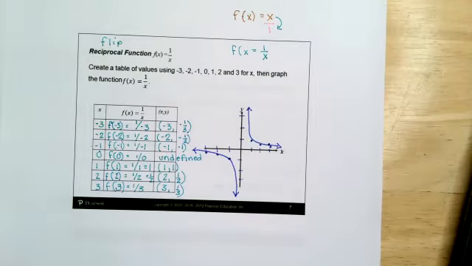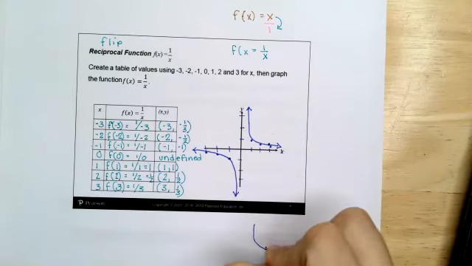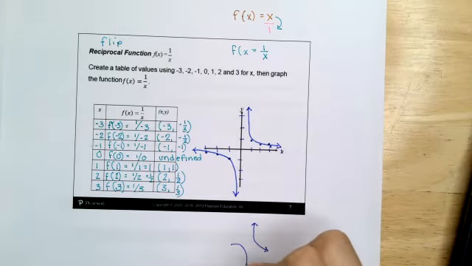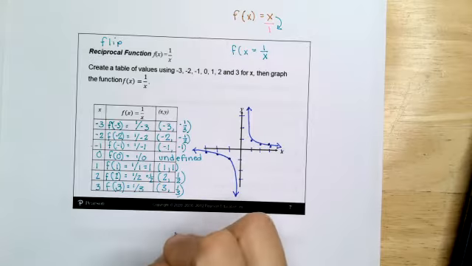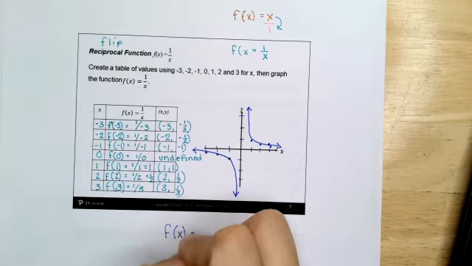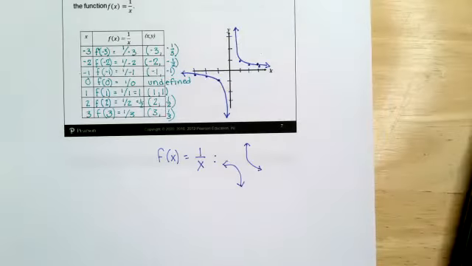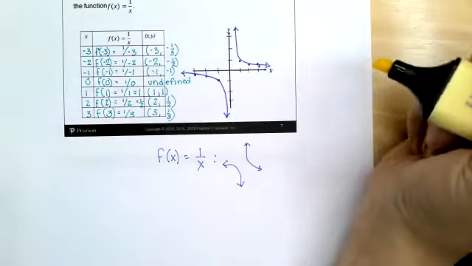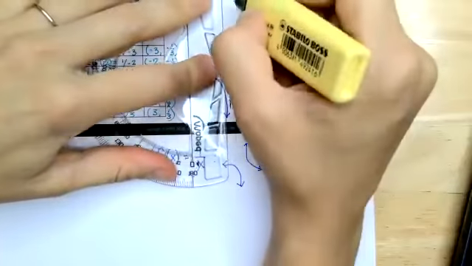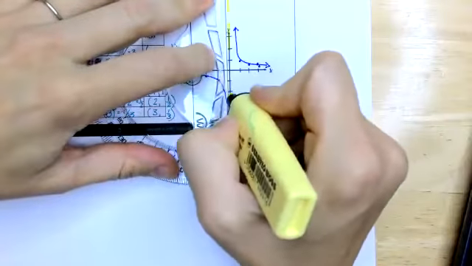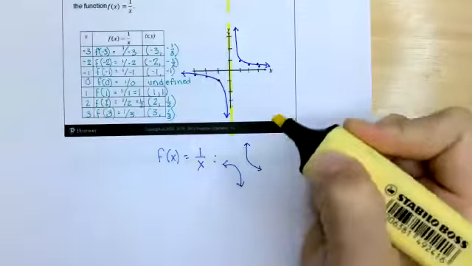0 is an asymptote. So the reciprocal function f of x equals 1 over x looks like this. Where it is undefined, that is called an asymptote. So that is a vertical asymptote.